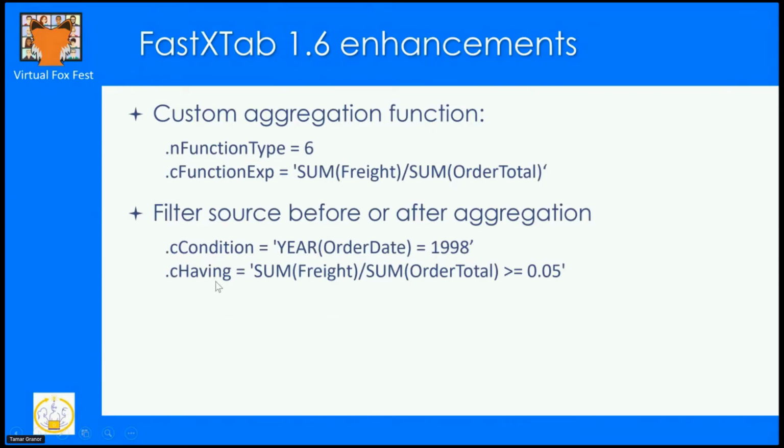The C halving is like having in a VFP query, after the aggregation, zero out or blank any columns that don't meet this condition. So for example, we might have in the previous case wanted to see only the ones where the freight was 5% or more of the order totals. So the bottom line here is if you want to do crosstabs in VFP, use FastXtab 1.6.